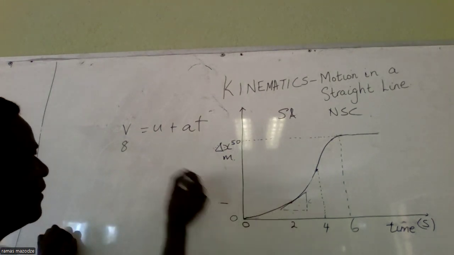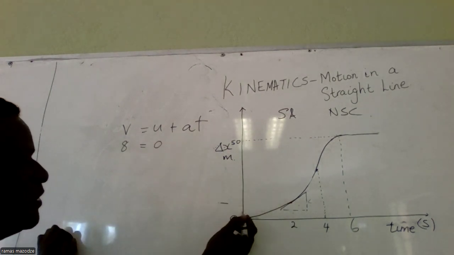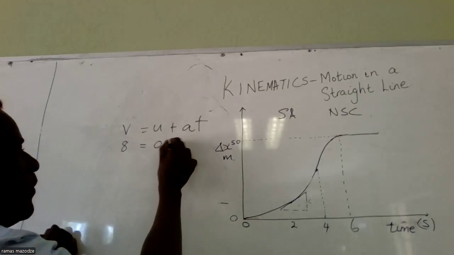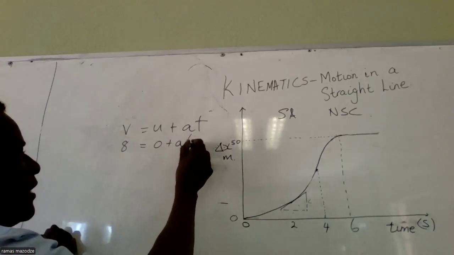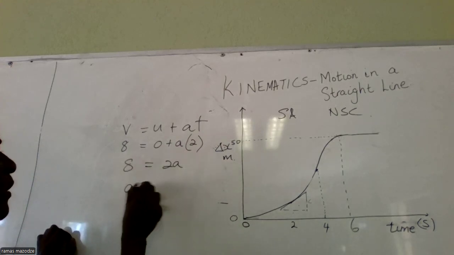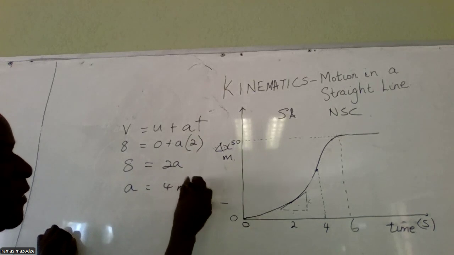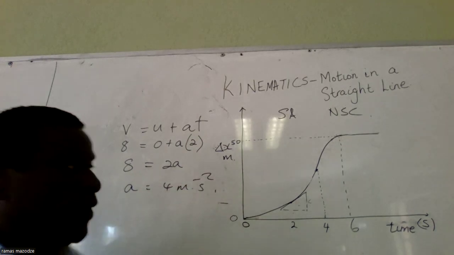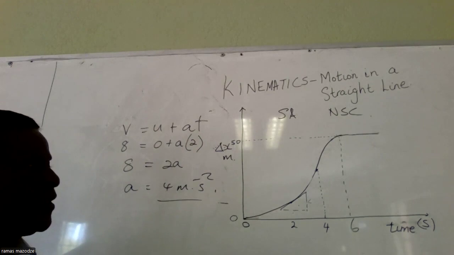The velocity there is given indirectly as 8, the initial velocity from rest is 0, plus acceleration, which we want to find, times the time, which is 2. So you get 2a equals 8, so a equals 4 meters per second squared. So that is your acceleration.